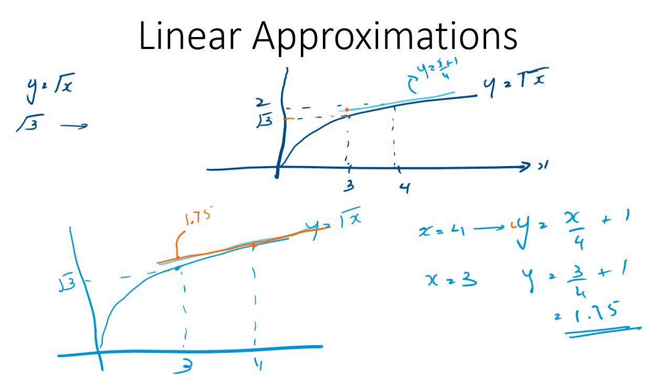When we put x equals 3, we get 1.75. And we say that that's a linear approximation for square root of 3.